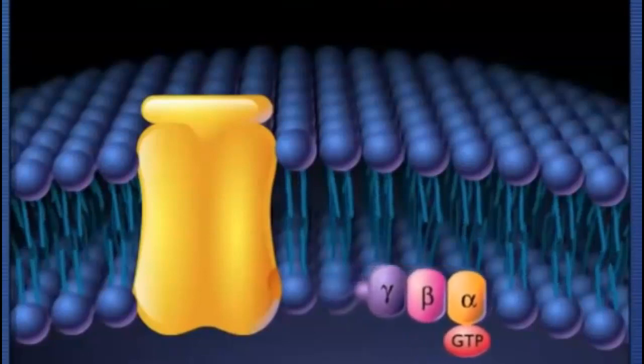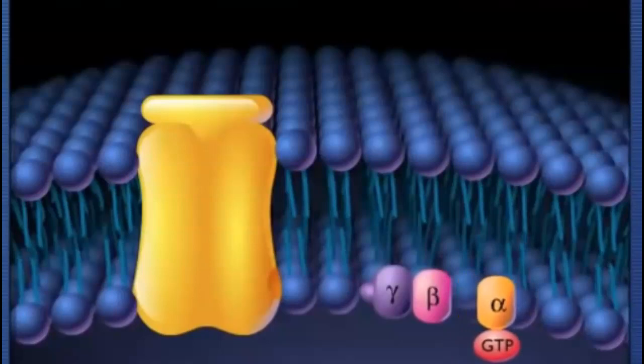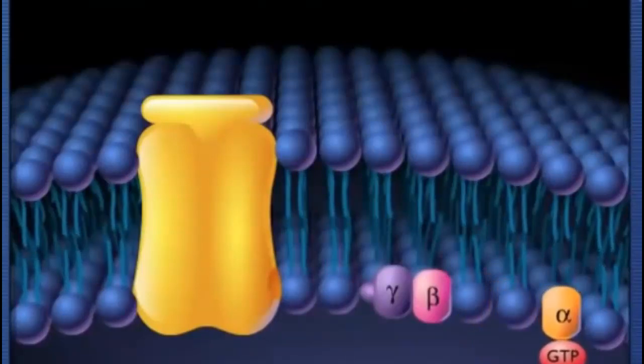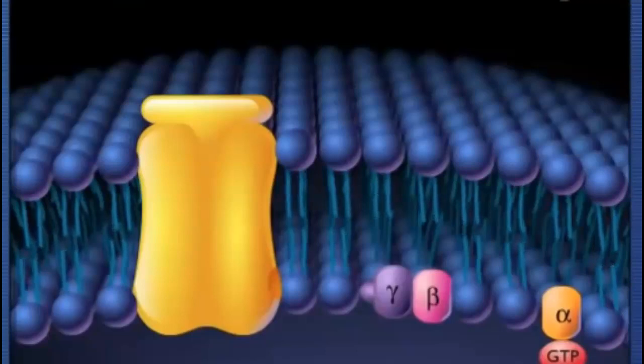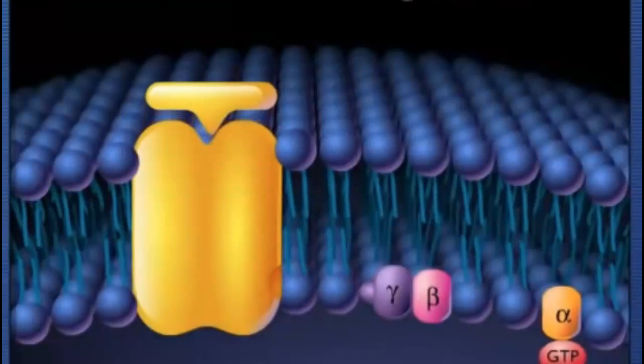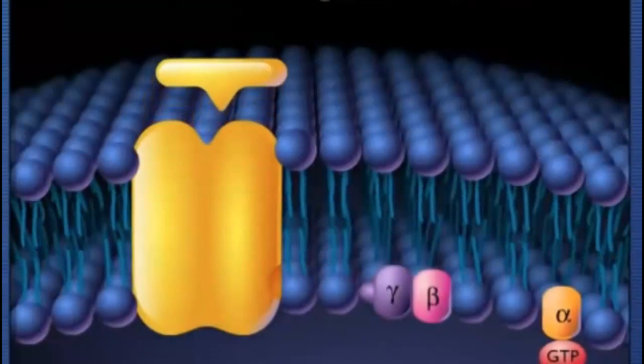The activated alpha subunit then separates from the beta and gamma subunits. This step can be repeated as long as the ligand remains bound to the receptor. When the ligand separates from the receptor site, additional G proteins are no longer activated.